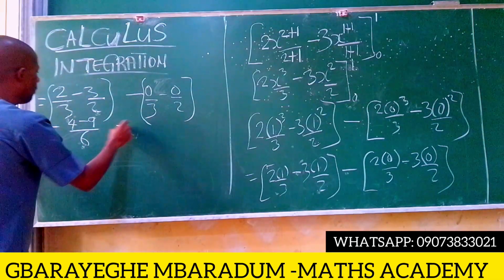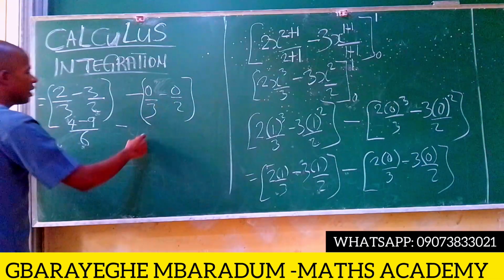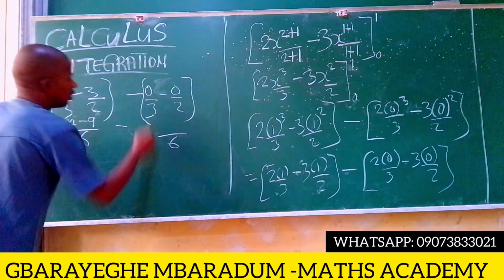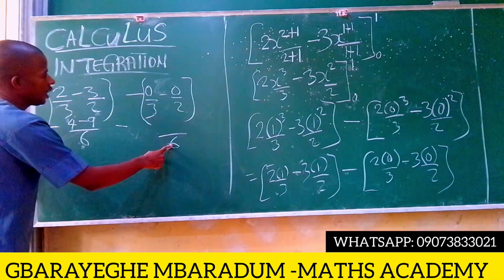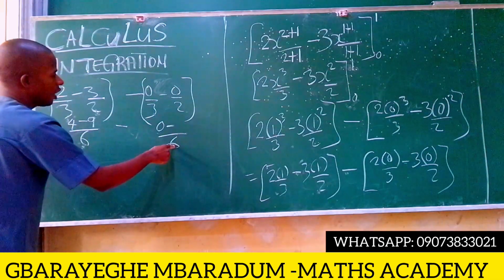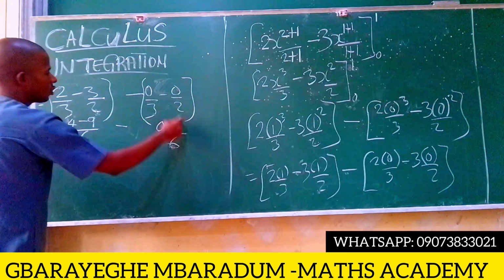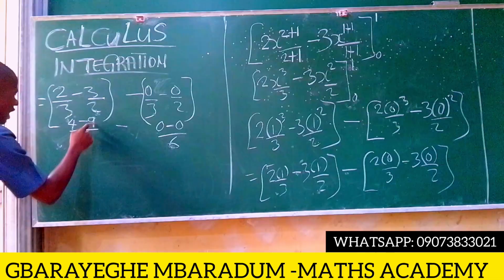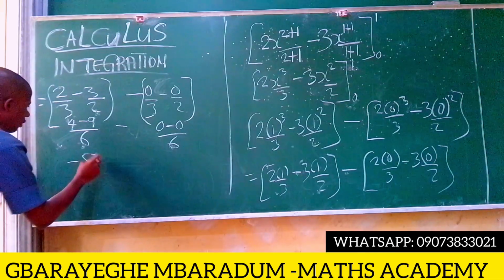Then minus, come to this side, this is 0, right? 3 and 2 can go into 6. 3 goes here 2 times. 2 times 0 is 0. Minus, 2 goes here 3 times, right? 3 times 0 is 0. So we are going to have this become 4 minus 9, which is minus 5, right? All over 6.